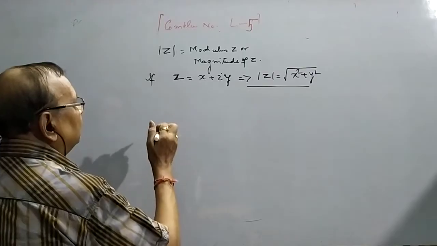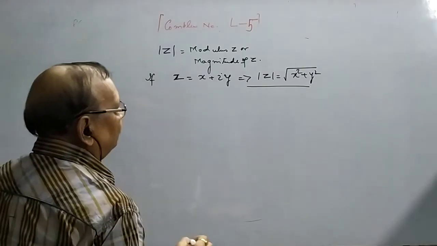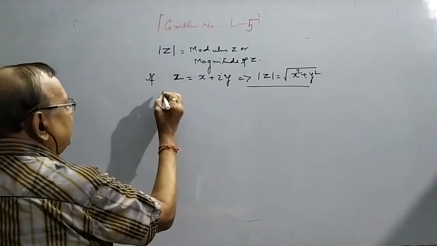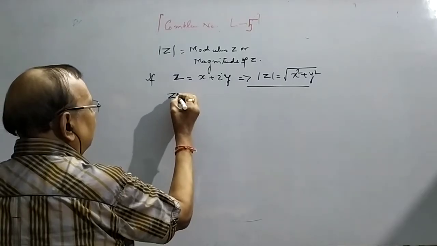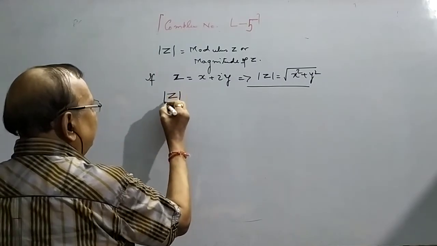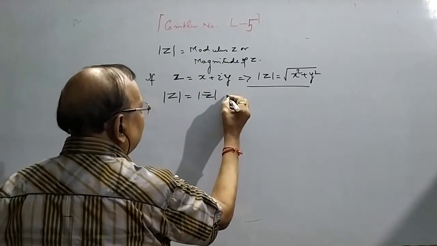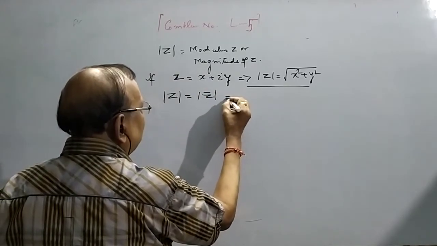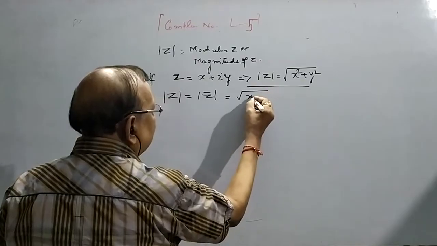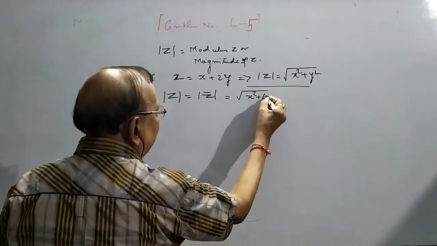Now, properties of this. Mod Z is equal to mod Z conjugate, as this will also be x square plus minus y square.